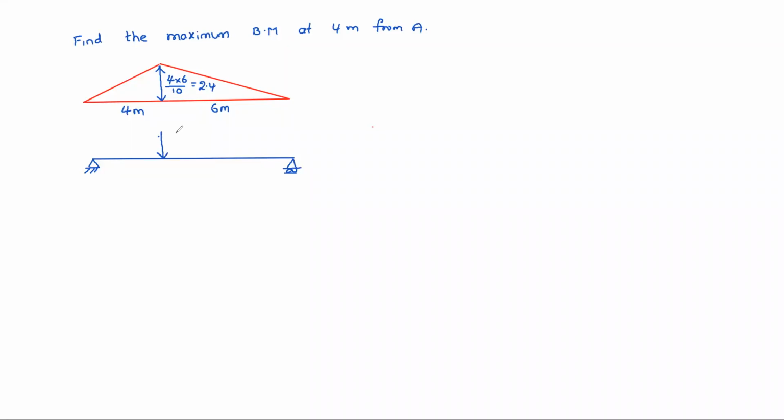That required location is 4 meters from A. So now the maximum bending moment developed at 4 meters from A equals 30 into 2.4, that equals 72 kilonewton meters.